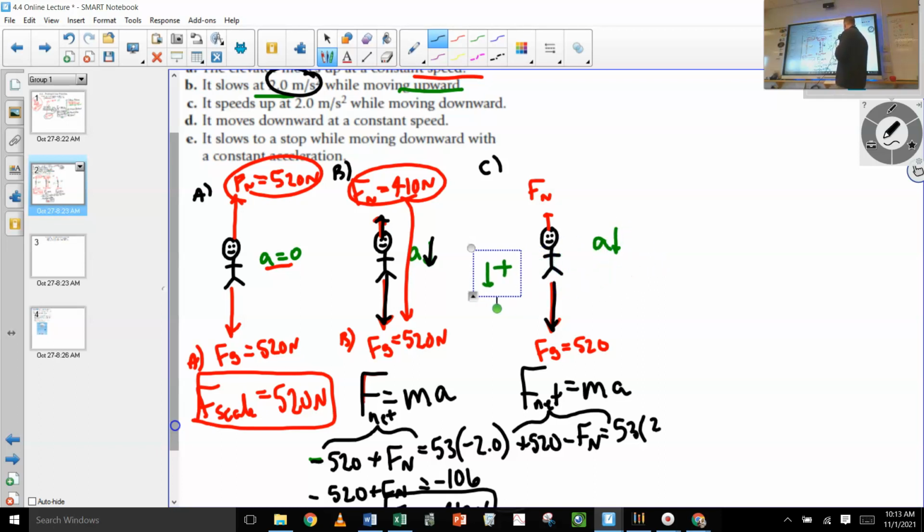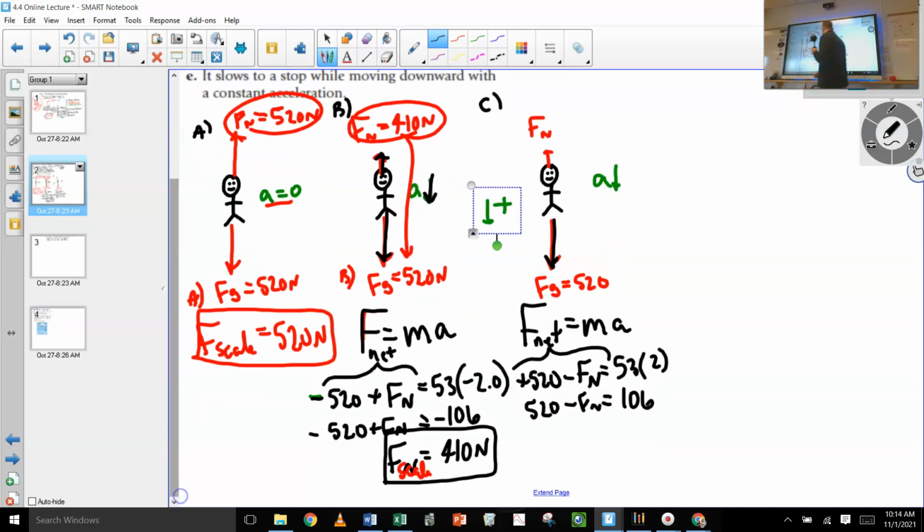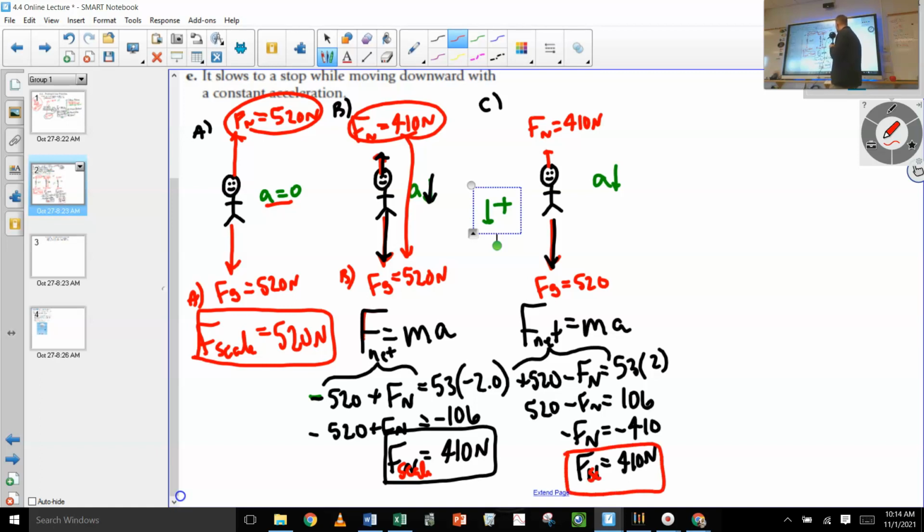It's a positive 2. So 53 times 2 is 106. And that's 520 minus the normal force. So I move that over so I get negative Fn. 106 minus 520 is negative 410. So that means that my normal force is negative times negative is a positive, 410 newtons. So that means that the force on the scale, which we expected, is 410 newtons.